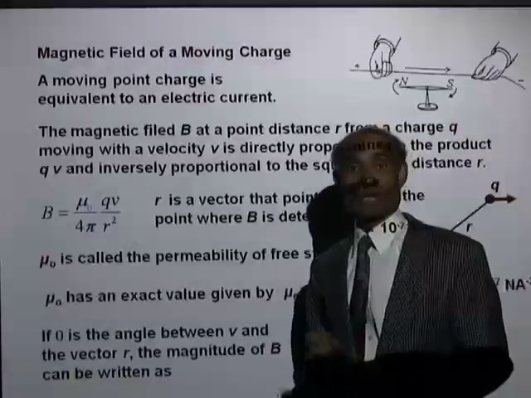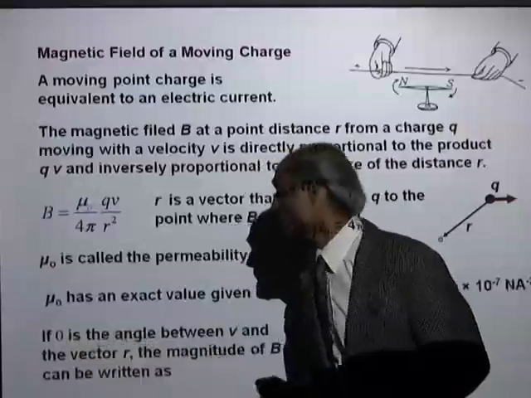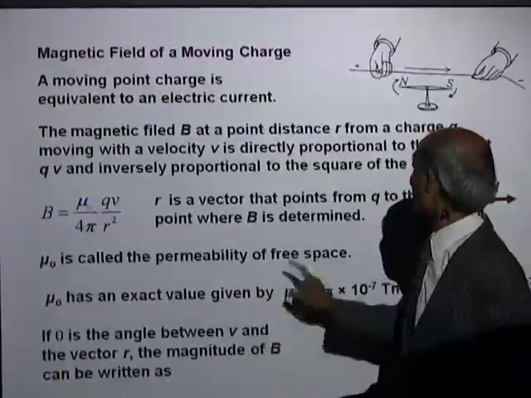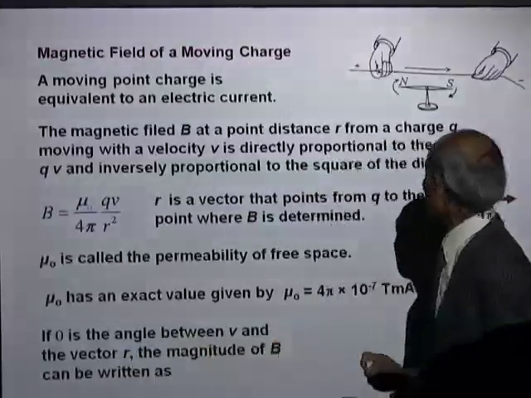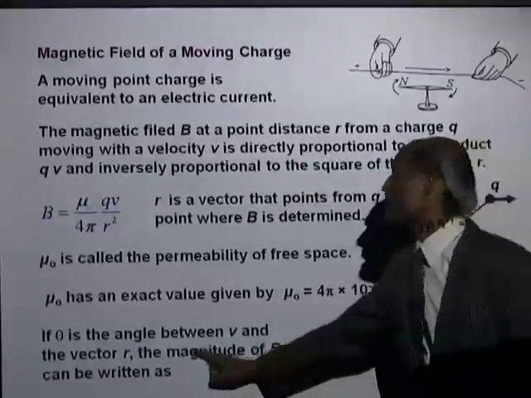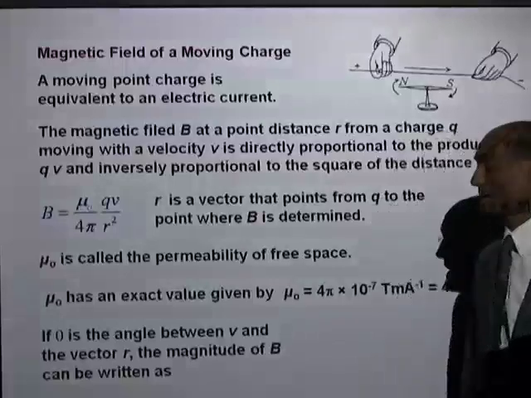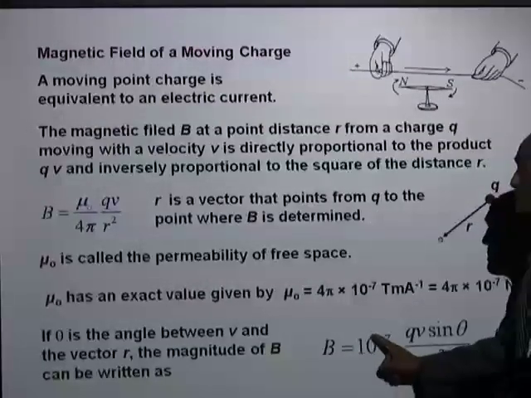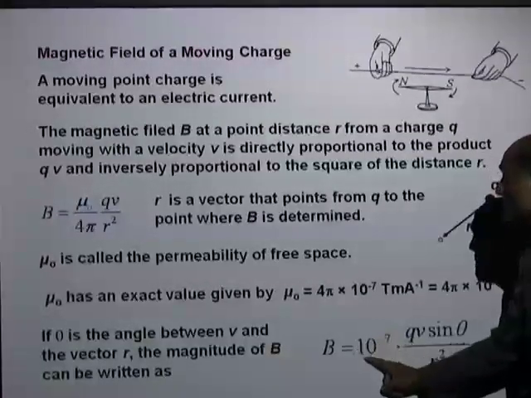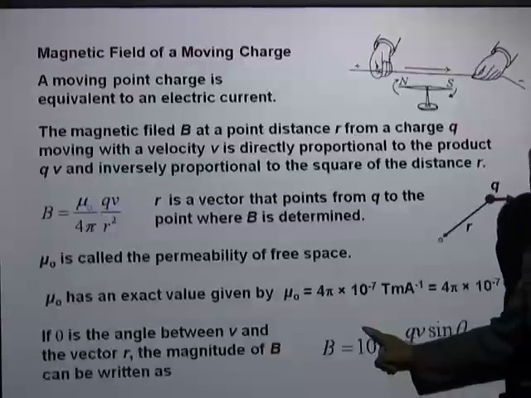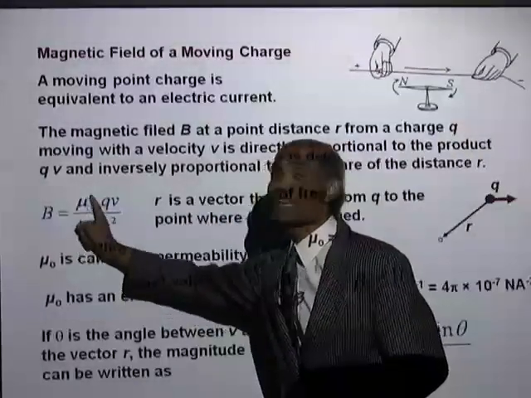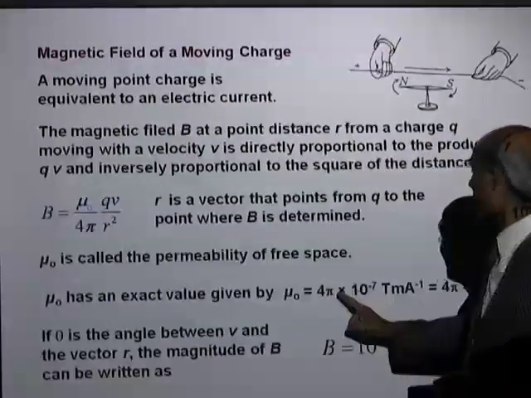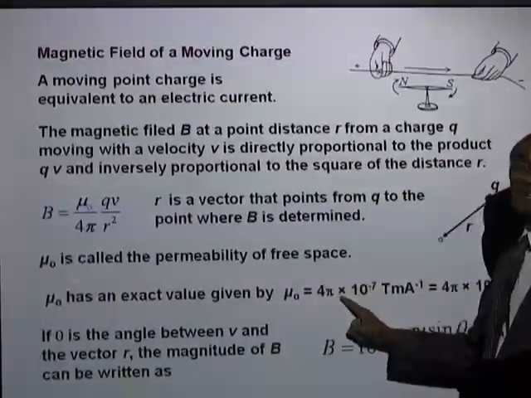Now, what happens if theta is the angle between the velocity V and the vector R? Then the magnitude of B can be written as B equal to 10 to the power of negative 7. Now, where does this value come from? You know that mu 0 has an exact value 4 pi times 10 to the negative 7.